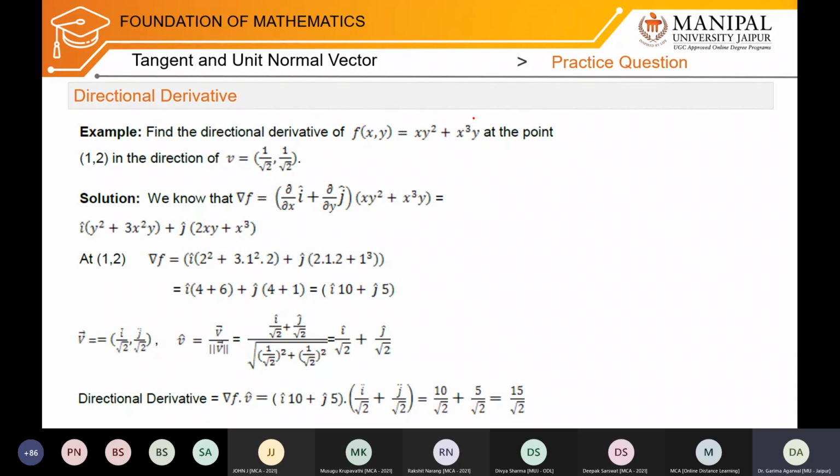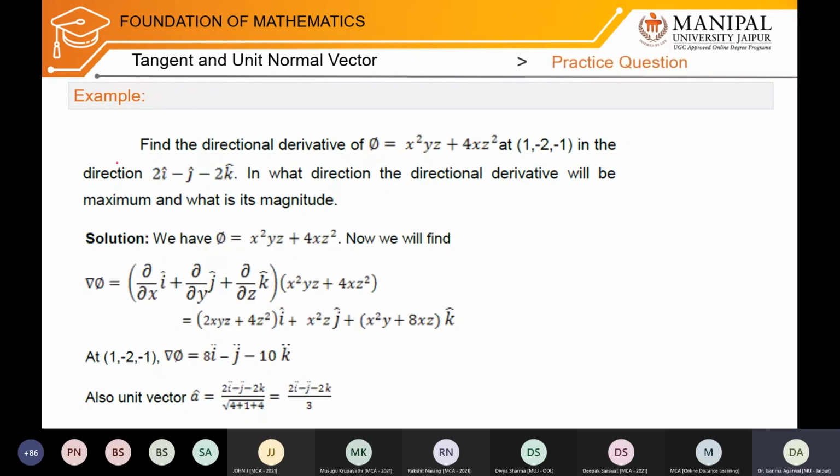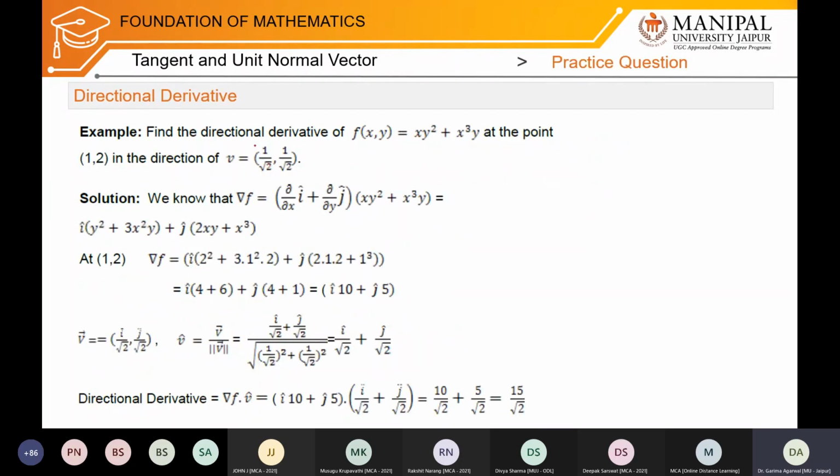Find the directional derivative for this function at this point in the direction of this vector. Right, so the directional derivative is grad f dot a cap. The function f is given. First of all, we need to find grad f, that is gradient f. That is simple multiplication with the vector.